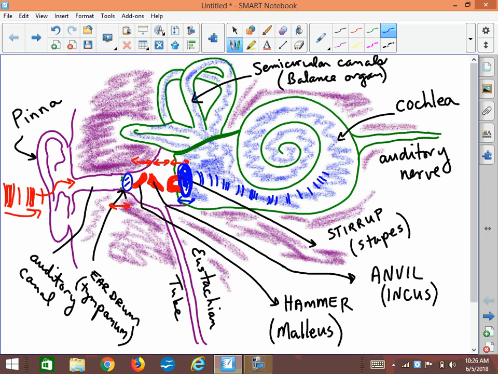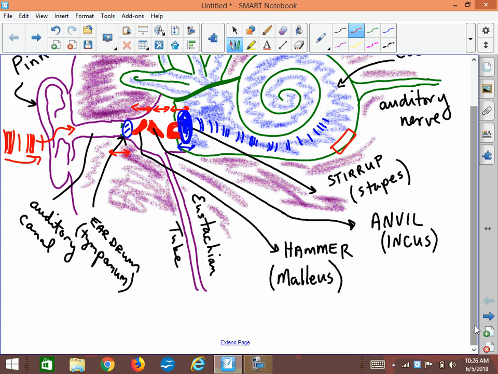Okay, we're almost done. To figure out what happens here, we have to draw another small picture, because we have to draw a picture of what happens microscopically. So what we're going to do is take a section of the cochlea, maybe this section right here, and blow this up down below in a microscopic view.